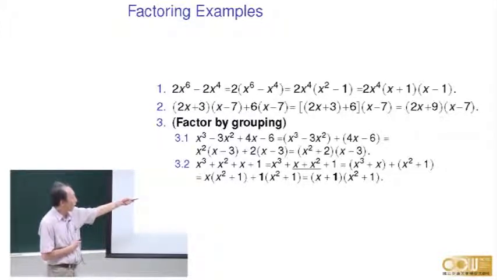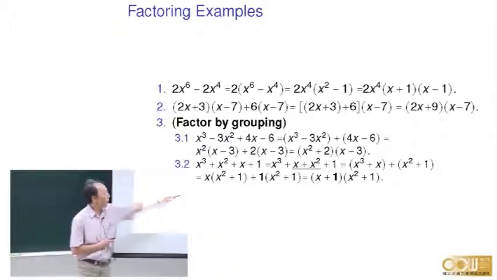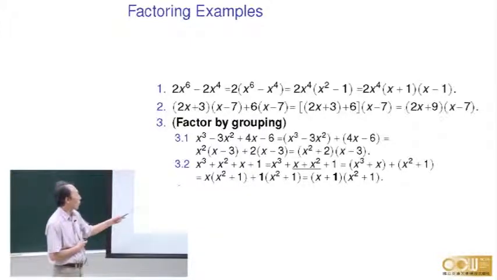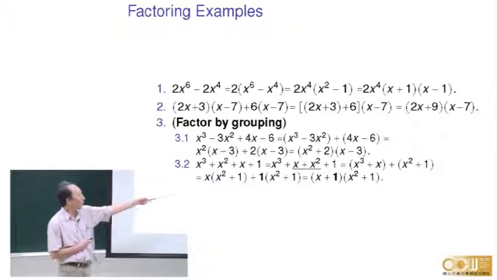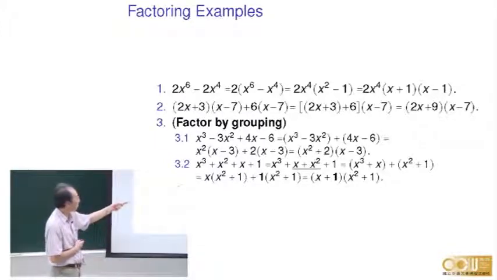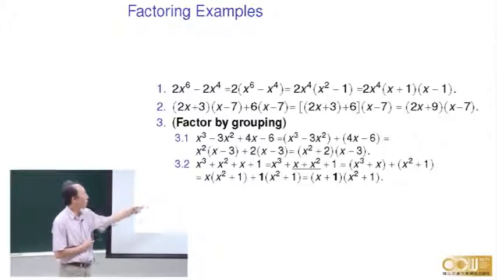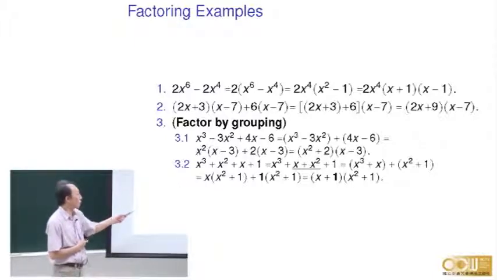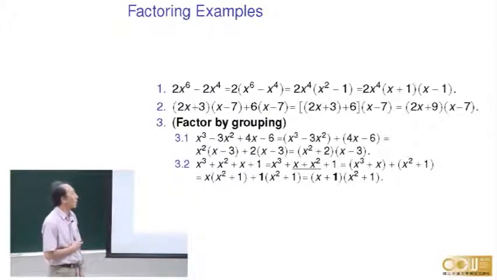After that, I put 1 over here to emphasize the second quantity, because as you can observe, these two terms have the same factor x squared plus 1. So using the reverse distributive property, we can take out the common factor x squared plus 1, and that's it.